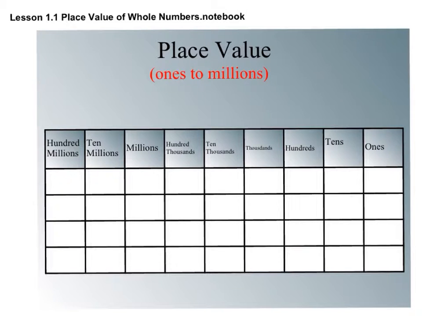We're going to look at place value all the way up through the millions. You can see in this chart I have the place values filled in for you. When we talk about place value, it's important to think about how we write numbers. Our place values come in groups of 3. Here's a group, here is another group, and here's our third group.